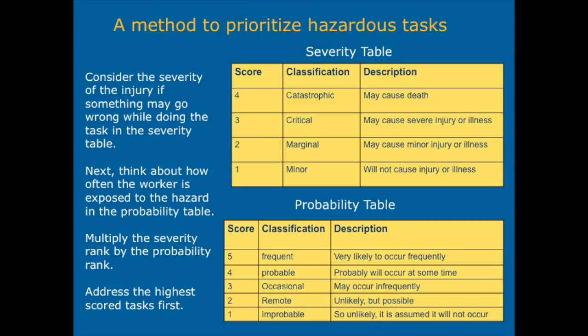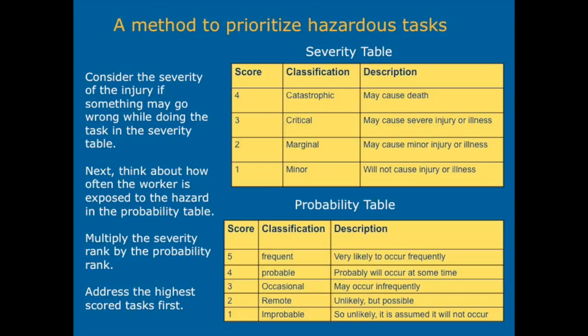Severity table, probability table. Consider the severity of the injury if something may go wrong while doing the task in the severity table. Okay, so if whatever task we're doing could cause death, then it would be catastrophic. That would get a score of a 4.